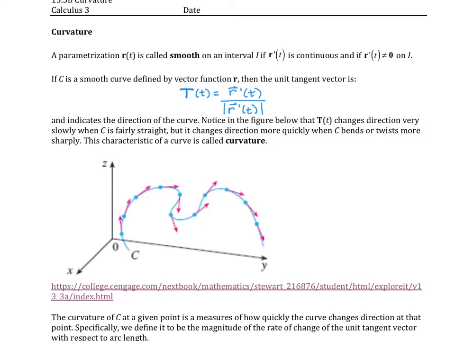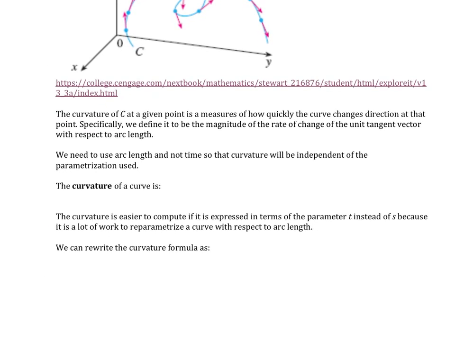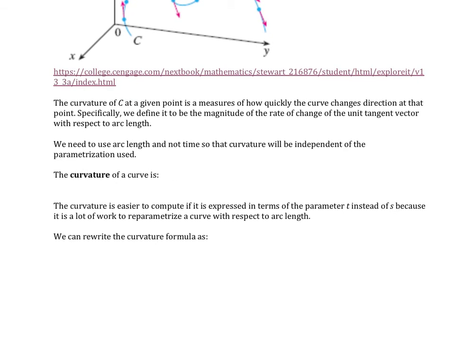The curvature of C at any given point measures how quickly the curve changes direction at that point. We define it to be the magnitude of the rate of change of the unit tangent vector with respect to arc length.